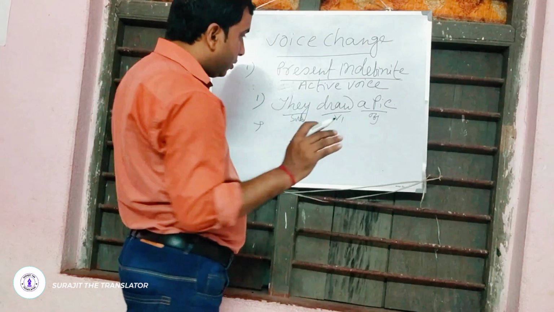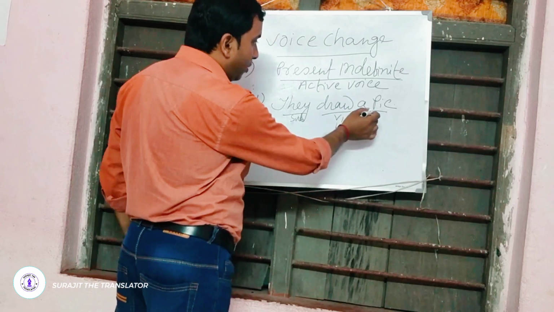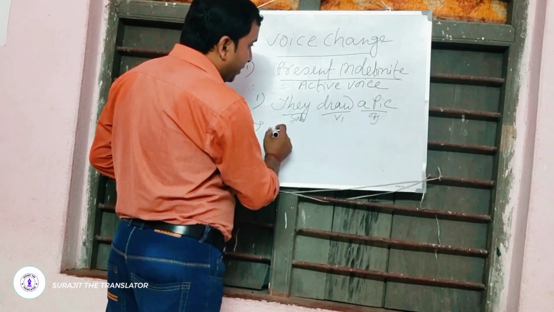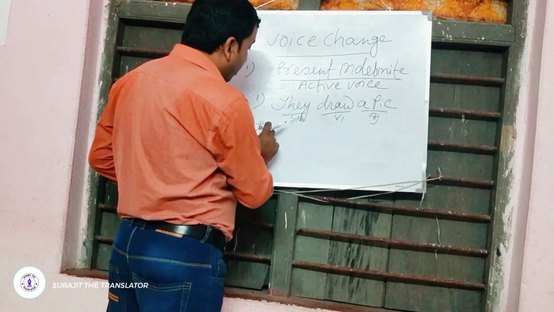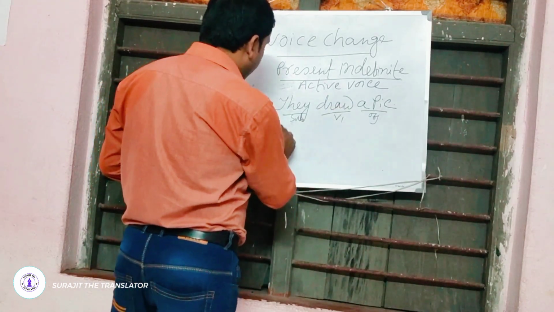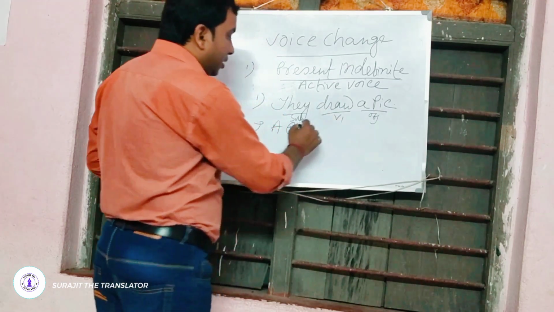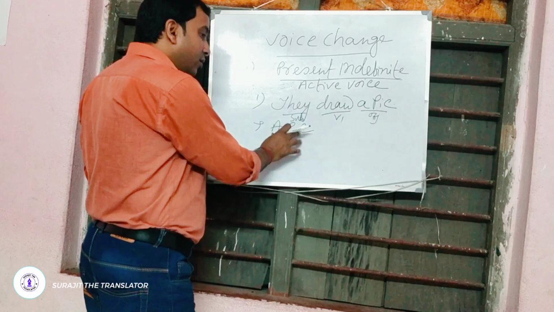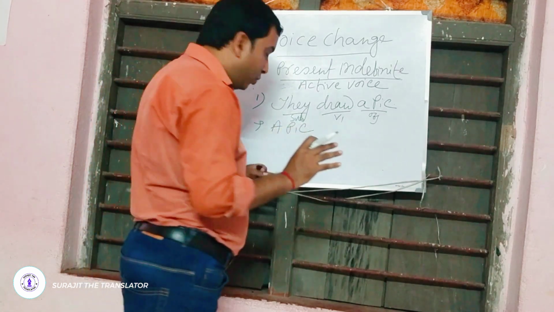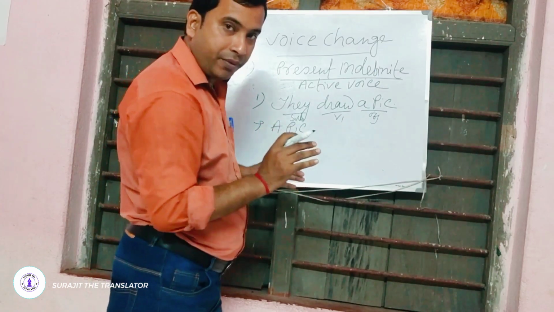Now you should transform it into a passive one. First of all, the object should be placed in the first position, in the name of a pig, meaning a picture. After that, in place of the subject, you should put am, is, are, meaning the present form of the be verb.